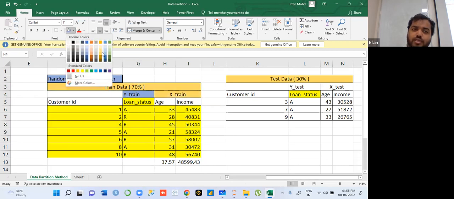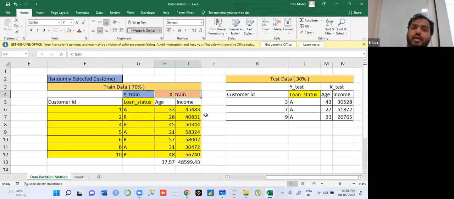Can we call this your X train? X train has age and income both. What does Y train have? Loan status. Now going to test data. What should I call age and income? X test, and Y as Y test. Clear? Any question on this logic, please ask.